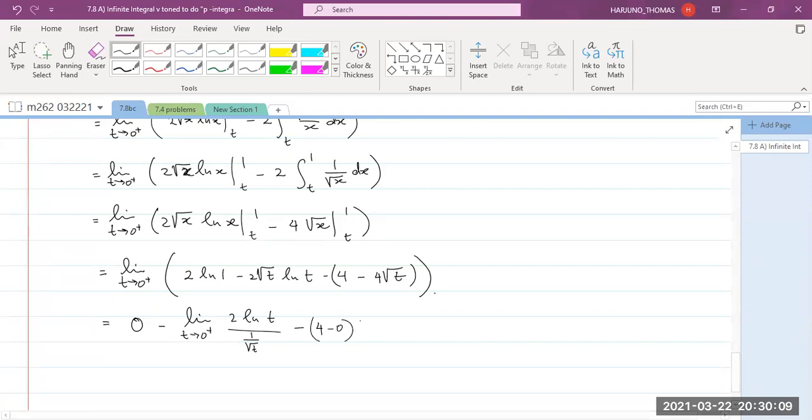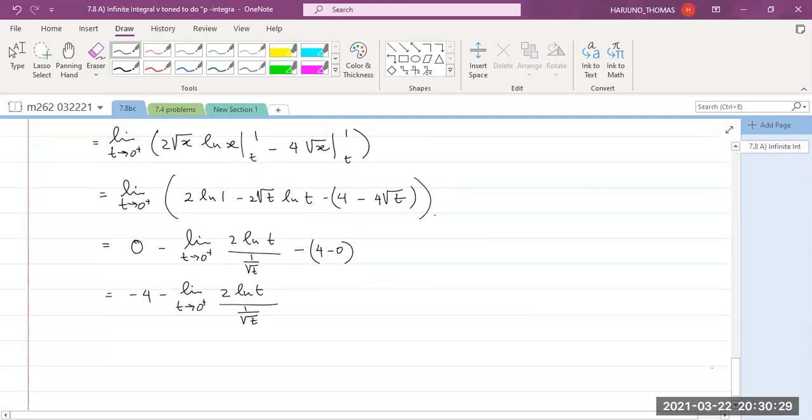So that's a negative number, something minus 4. But I don't know what this is. What do you think we should do from here? The reason I did it that way is because we do L'Hopital's rule, right? So that's -4 minus the limit as t goes to 0 positive. On the top, I will get 2 over t. At the bottom, what do I get? So this will be -4 minus the limit as t goes to 0 positive.